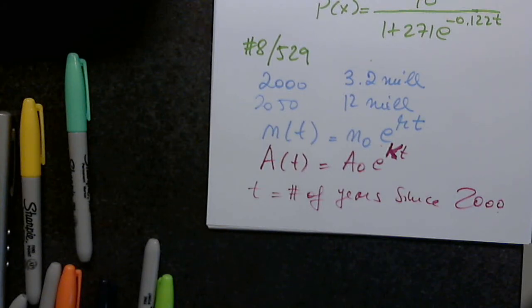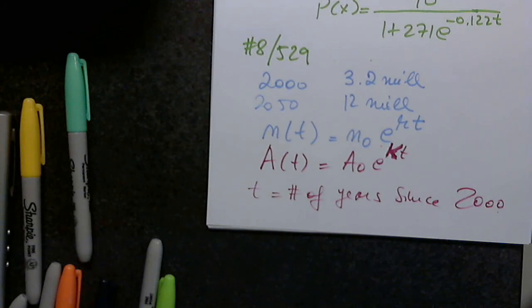Use the exponential growth model, in which t is the number of years after 2000, to find the exponential growth function that models the data. So we are asked to find the model. I'm asked to find this model if you want, or this model, it doesn't matter.